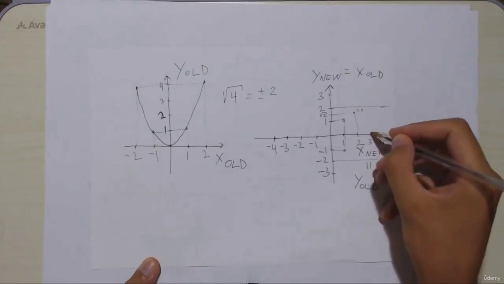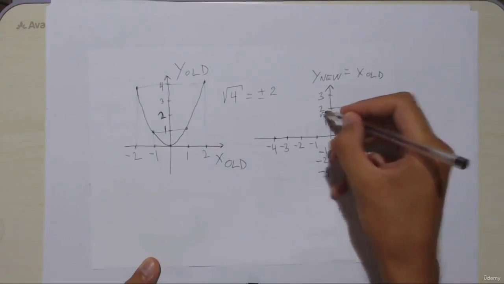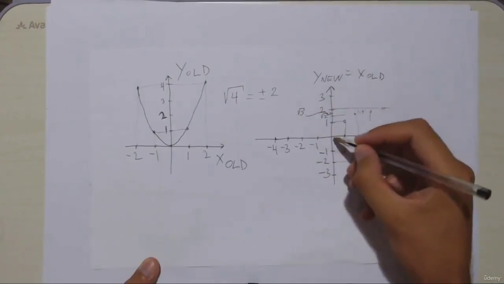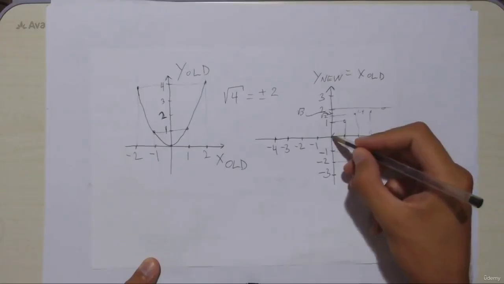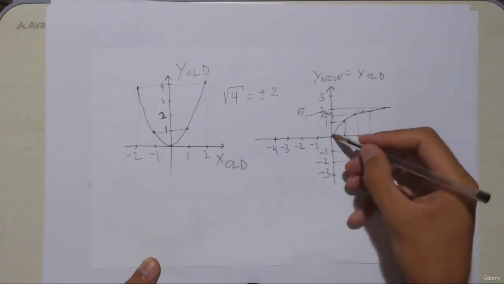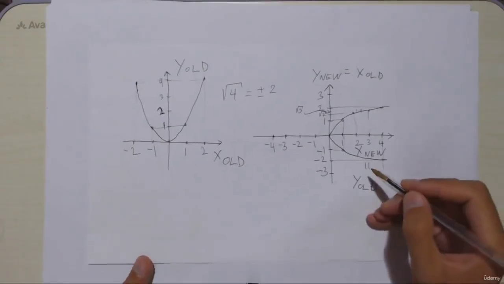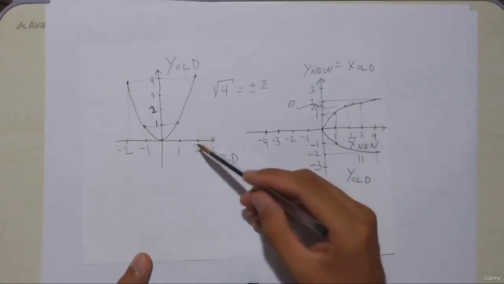And then for 3, you would also have square root of 3 somewhere here. So you would have a graph that would look something like this. And the same thing would be here. So that would be the inverse graph of this function.